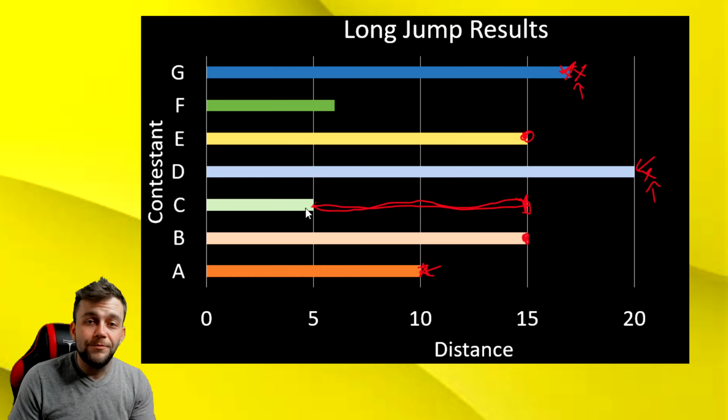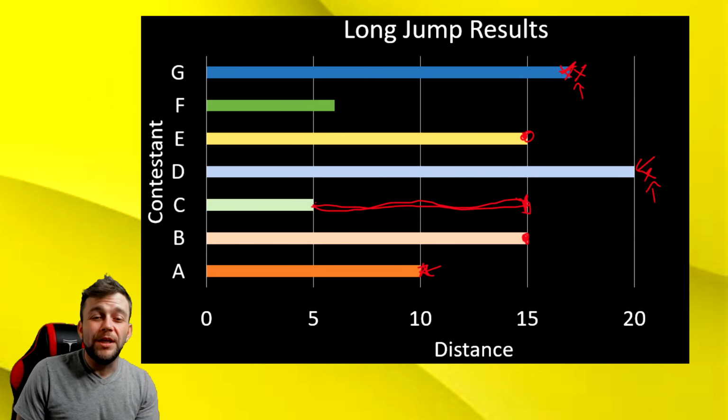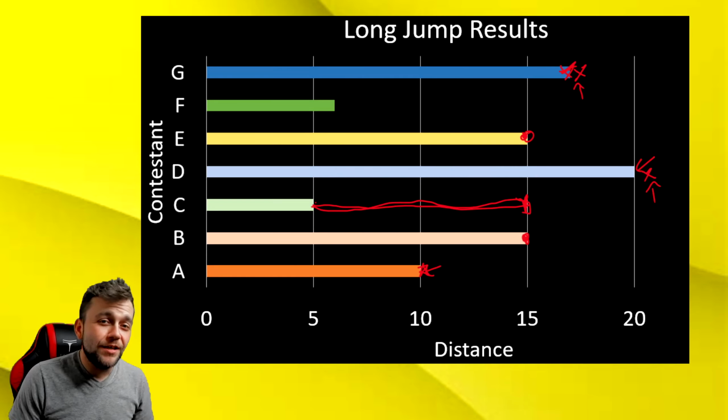There we go. And the last question will be something like, contestant D significantly faulted on this attempt, and so he had to revert his distance back to the prior attempt's length of 17 feet. Go ahead and mark on the graph where 17 feet would be on contestant D's jump length.